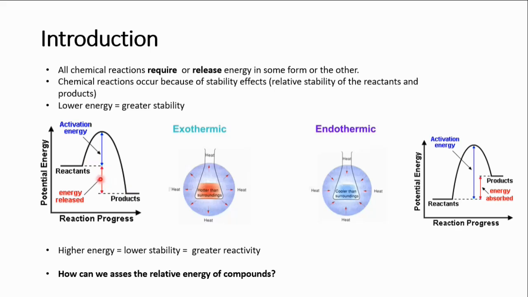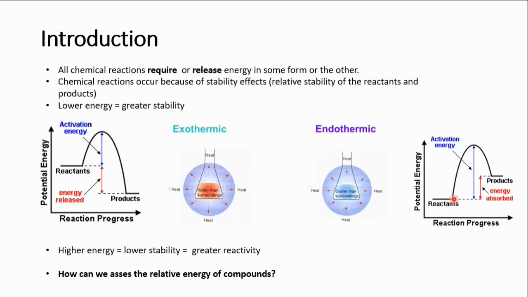So in other words, energy is released in going from reactants to products, because as you can see here, the products are of lower energy than the reactants. Of course, you might be asking, what is this hump right here? What is this little hill? This little hill is called the activation energy barrier, and it is the minimum energy required for the conversion of reactants to products.